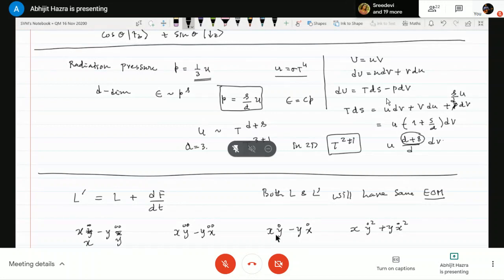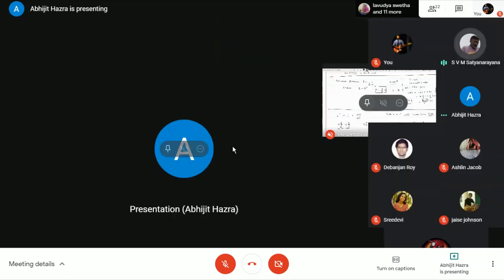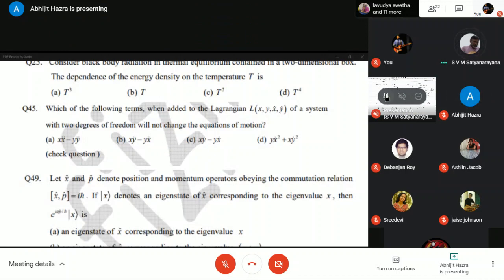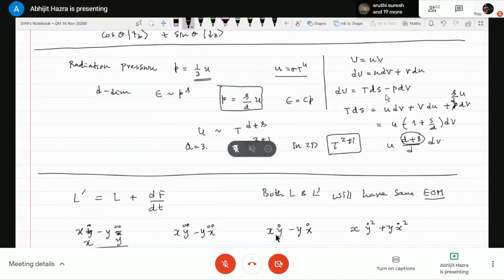So I think if you look at this one, I want to see whether this can be written as an exact differential, that means a total time derivative of some function of x.